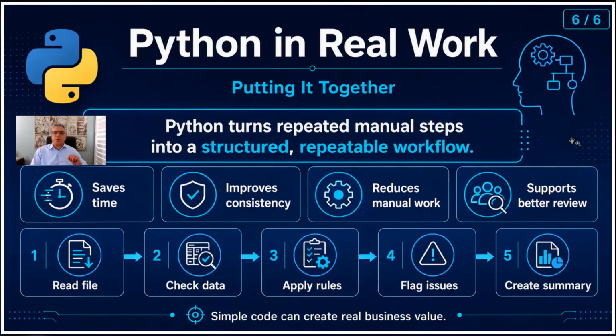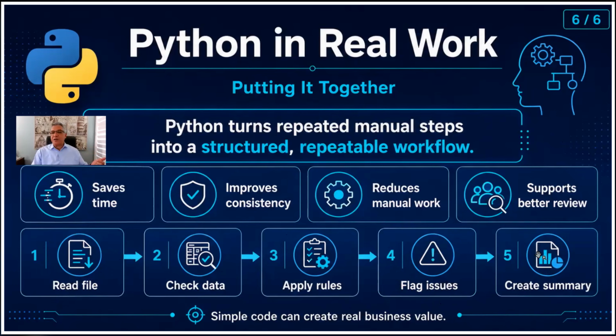Let's just put everything together. What we said here is that Python turns repeated manual steps into a structured, repeatable workflow by, first of all, reading the file, checking the data, applying the rules, flagging the issues, and then creating the summary. Part of creating the summary could be printing the result.